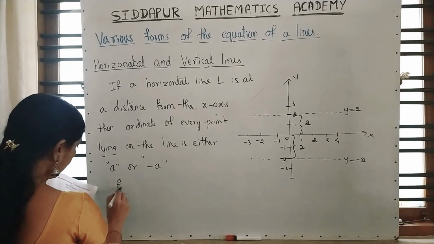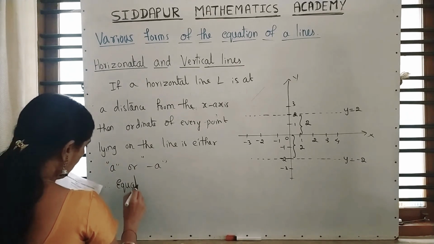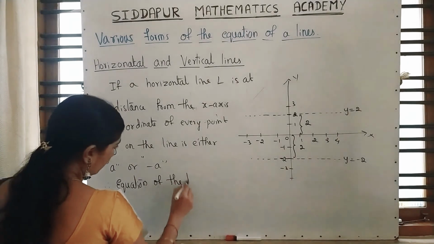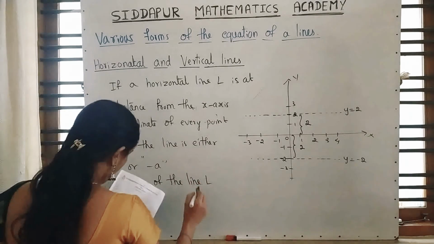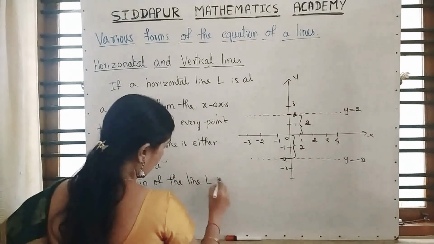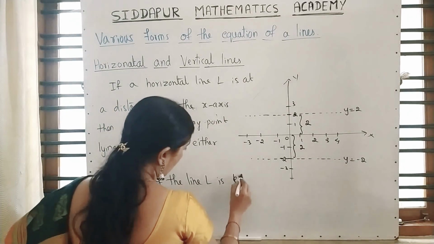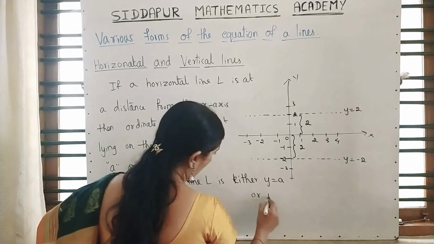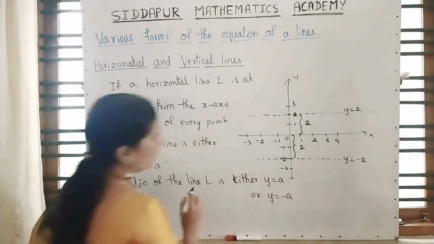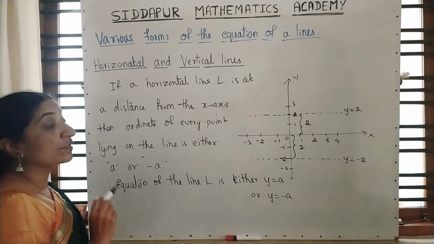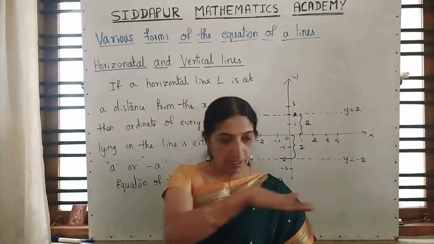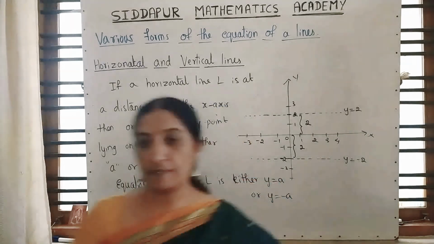Therefore, the equation of the line L is either y is equal to a or y is equal to minus a. This is the line. This is a horizontal line. Horizontal means like this.